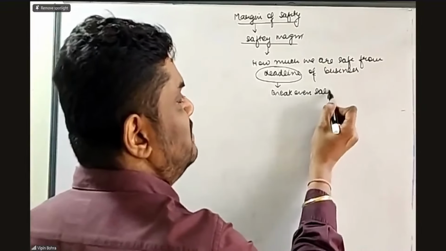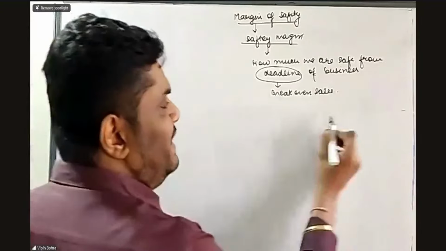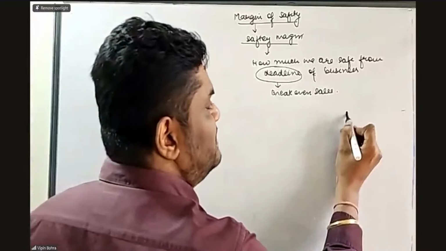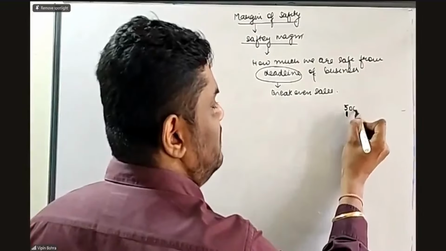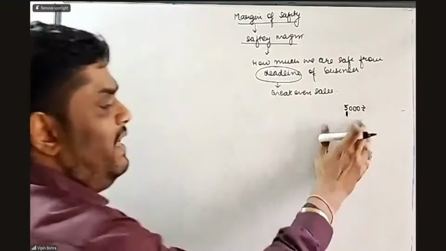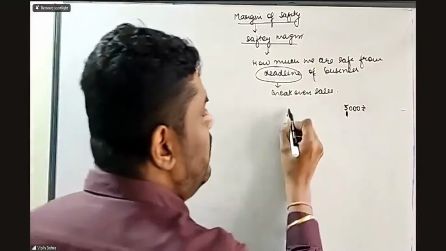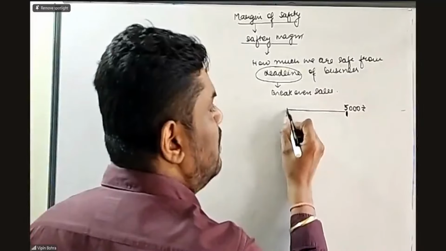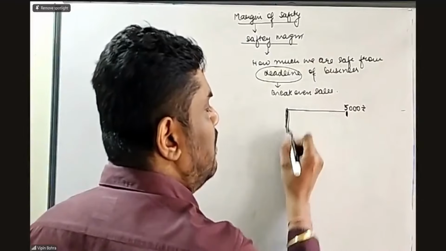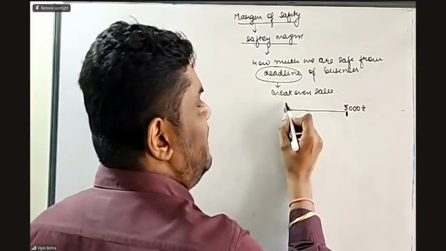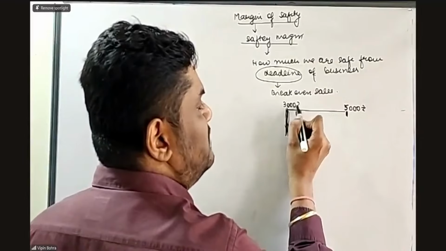break-even sales. So let's say the current position of my business is rupees 5,000 sales. This is my current position or actual sales. Now my deadline is what? Let's say my deadline is 3,000 rupees.